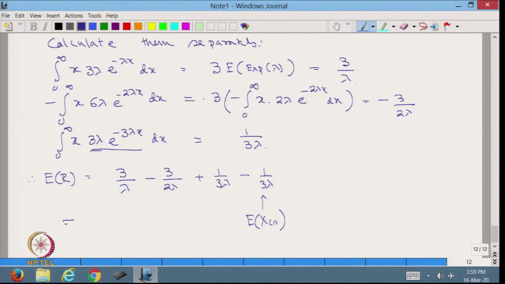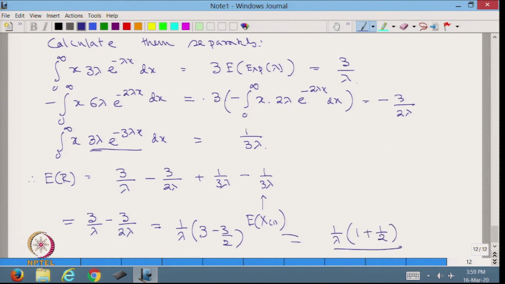This is equal to 3 by lambda minus 3 by 2 lambda, which is equal to 1 by lambda into 3 minus 3 by 2, which is equal to 1 by lambda into 1 plus 1 by 2.